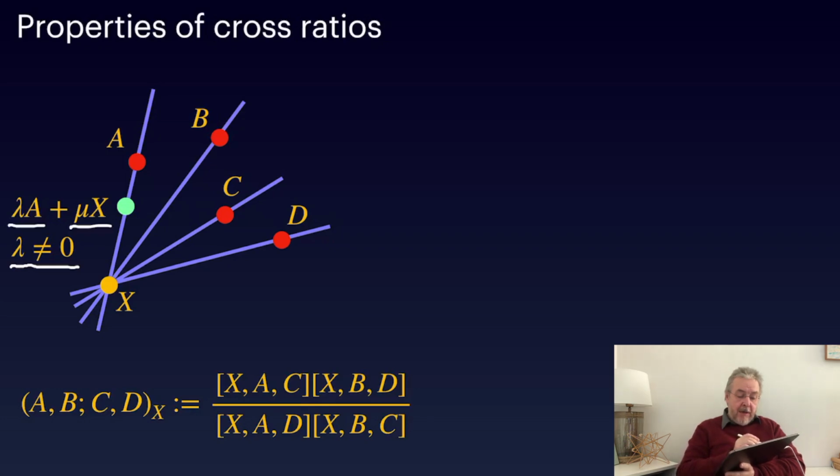So we assume the green point is any other point on that line except for X.